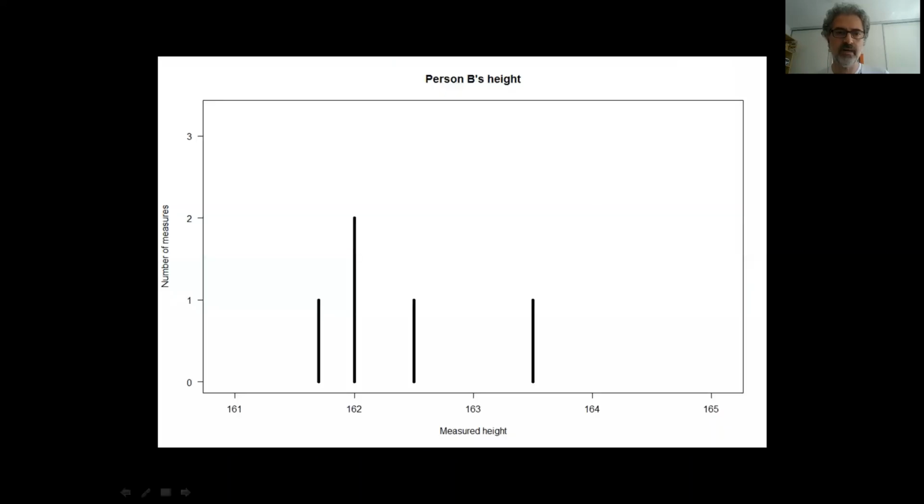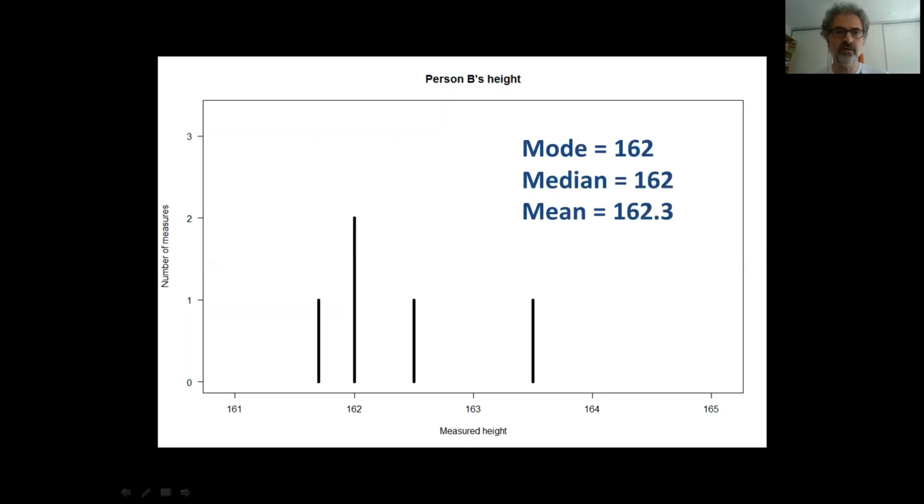So let us remind ourselves of this frequency display where we have each value obtained associated with the number of times it was reported. So the value 162 was reported twice, and that's why this line is up to 2. The value of 162.5 was reported once, and that's why we have the value here, and so on.